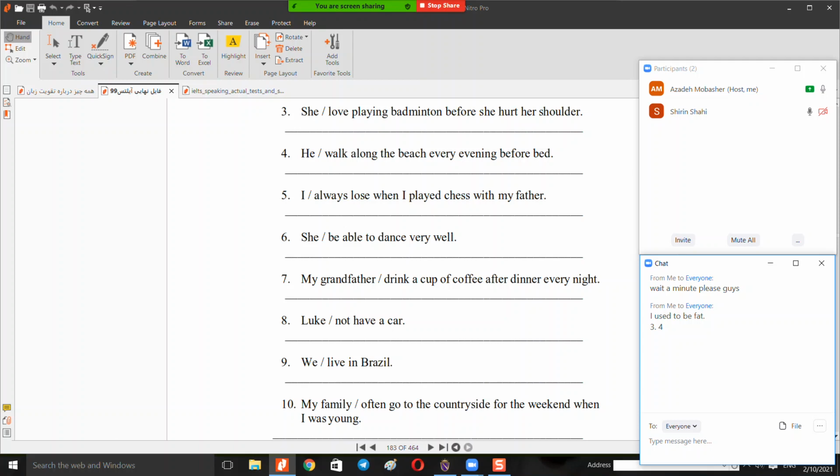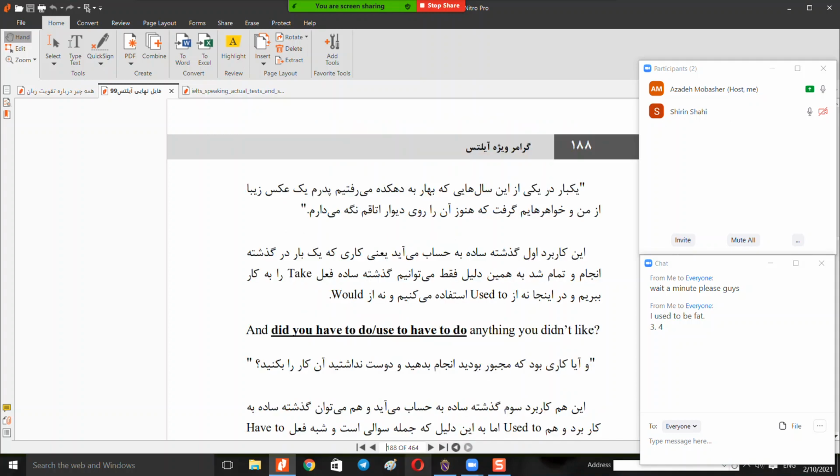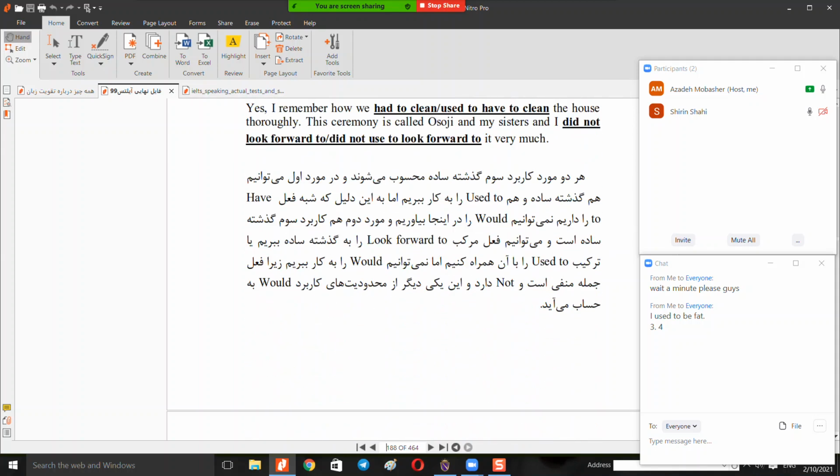And the next one, on page 188, the last page, in the last paragraph. We can use, on page 177, you mentioned we can use would just with have to. That is the part that you asked about in that session.